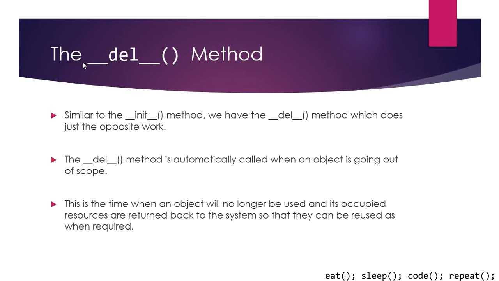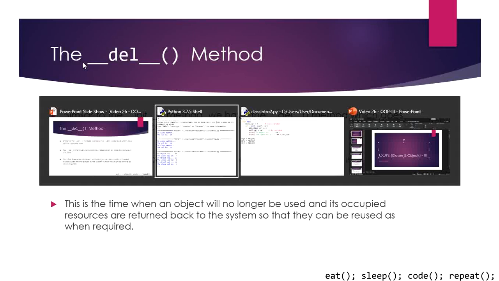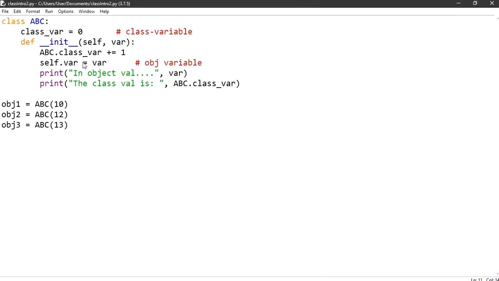Now let's move to the interactive shell so that we can understand more about what exactly del is. So we have a class ABC. We have class var equals 0, so this is a class variable.